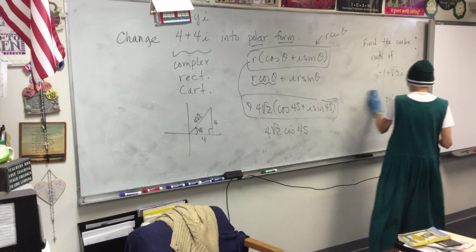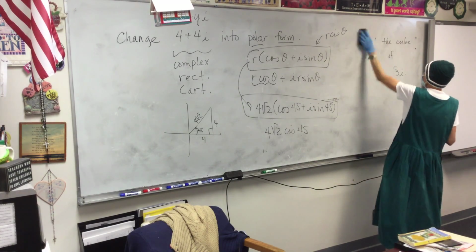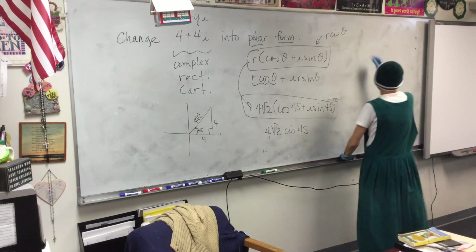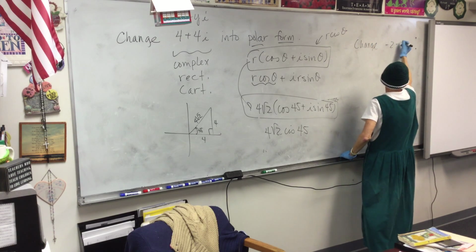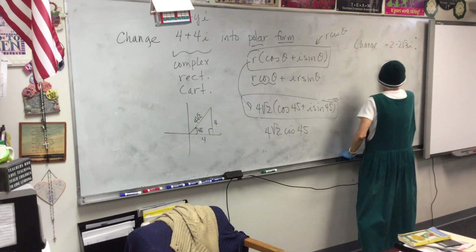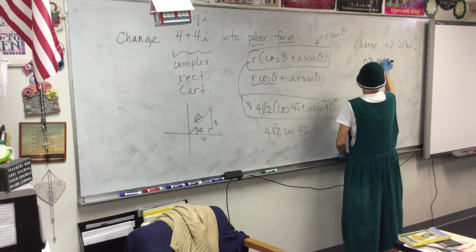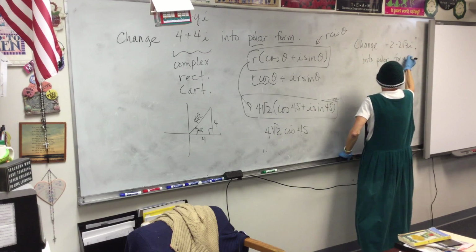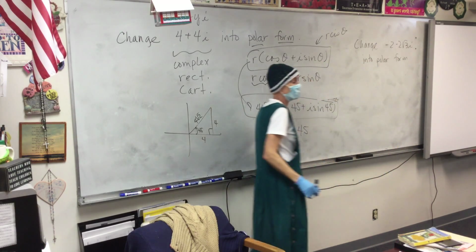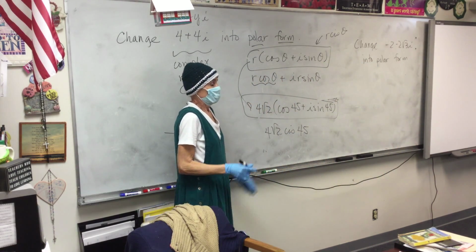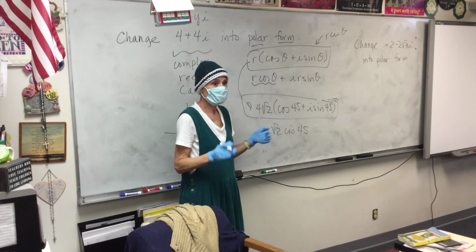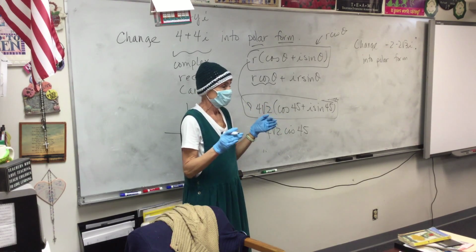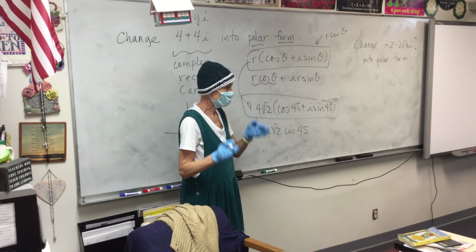I want you to change negative 2 minus 2 root 3i into polar form. So you're going to do the same thing now. We're changing into polar form, which means we need to find what? r and theta.